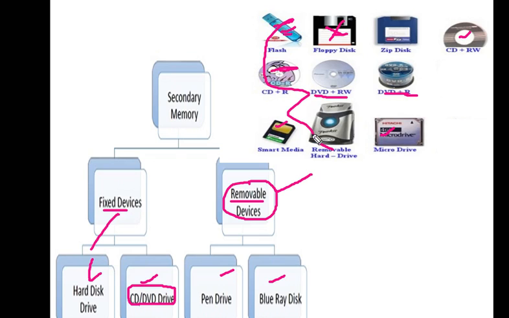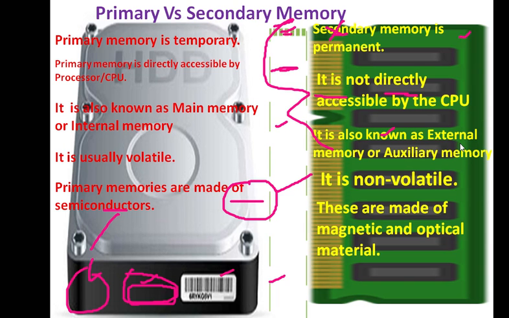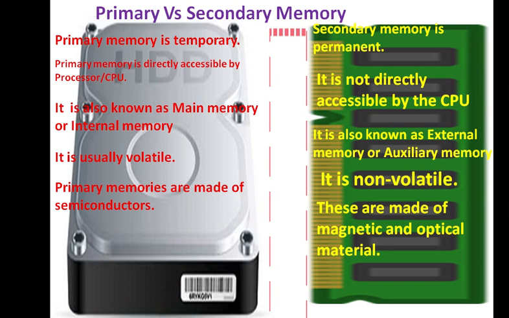Removable devices. We can remove these devices easily, right? But we cannot remove the hard disk or the CD or DVD drive. We can remove it, but it is fixed in the CPU tray, right? So this is about secondary devices. Now the difference between primary memory and secondary memory.